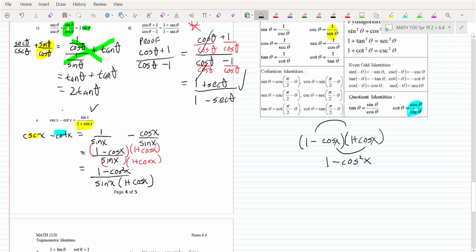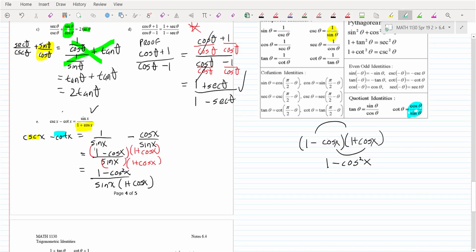Okay. Now let me ask you guys. Do you have any thought about what else I might want to do? I've got the 1 plus cosine. What I need is that sine in the numerator. Any thought about that 1 minus cosine squared x? Yeah, the Pythagorean identity, absolutely. Again, you can do this as scratch paper. So you have sine squared x plus cosine squared x equals 1.